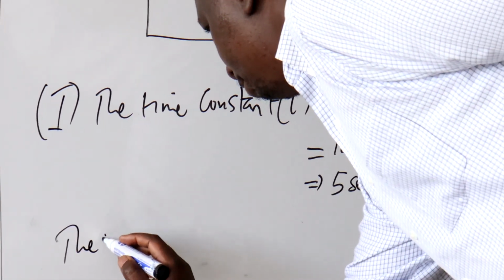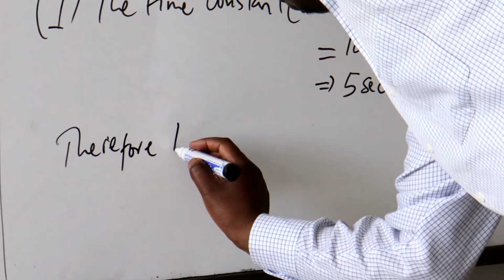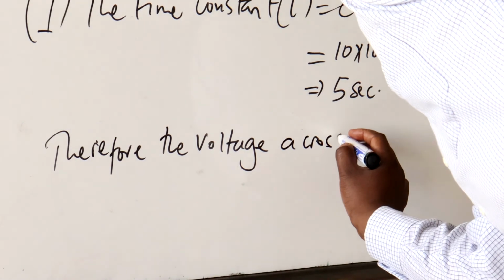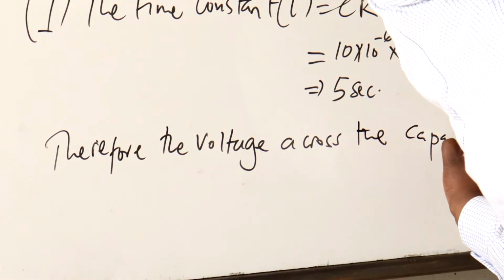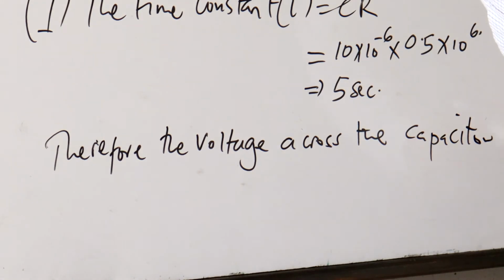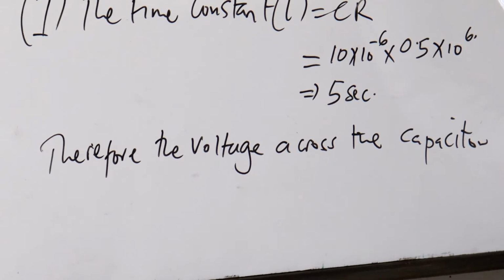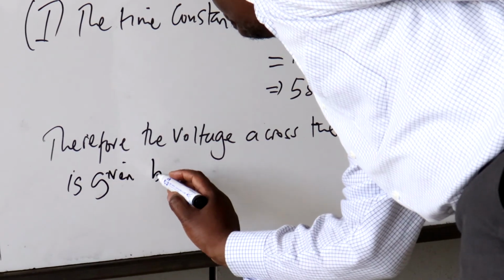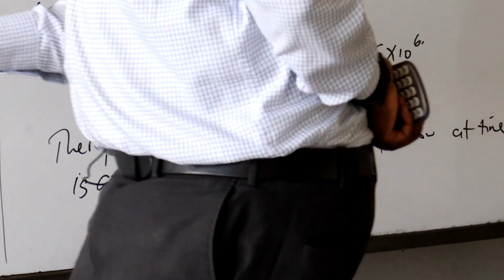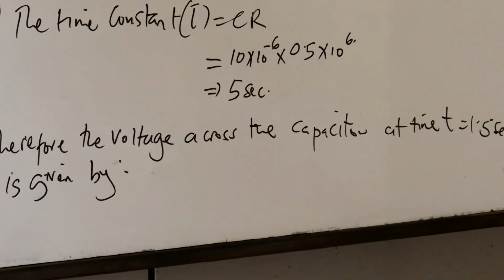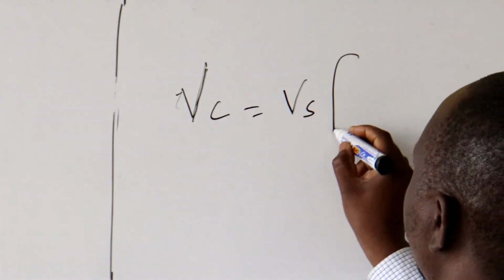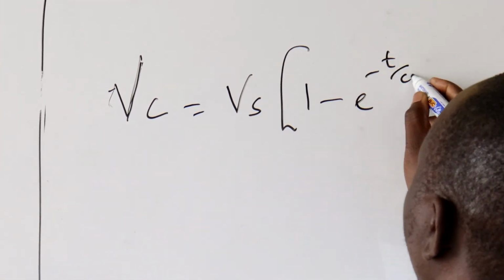Therefore, the voltage across the capacitor at time t equals 1.5 seconds is given by Vc = Vs (1 - e^(-t/CR)).